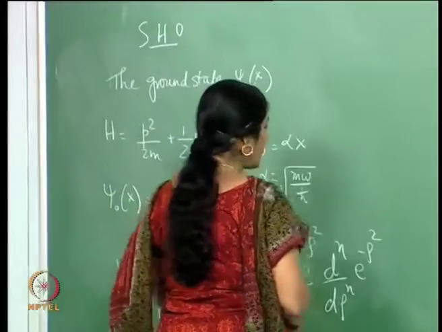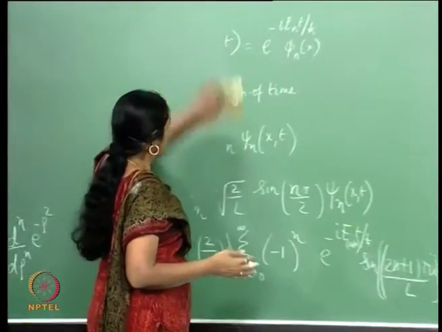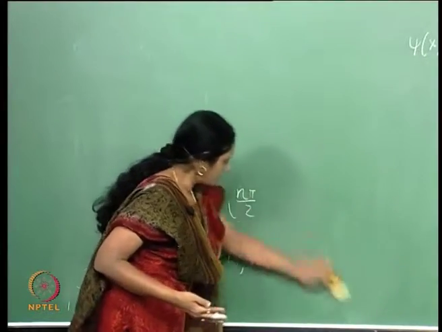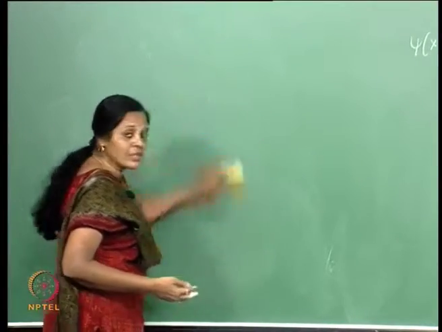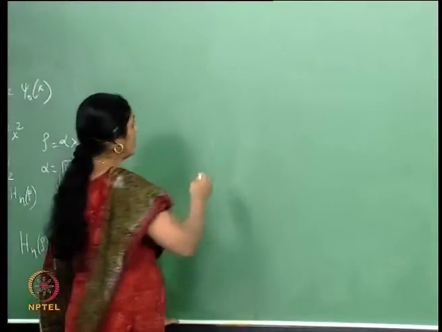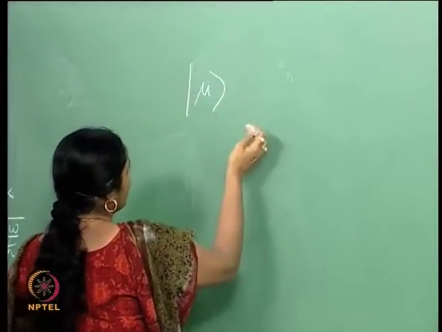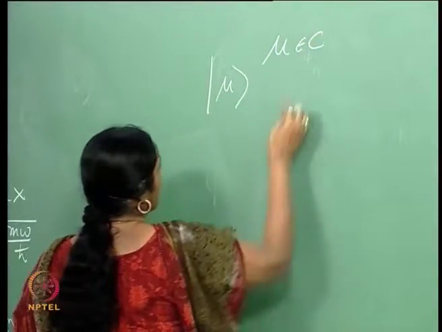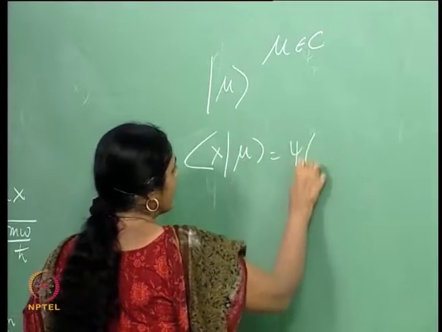Now, with this ground state of the oscillator, you know that you can construct a coherent state which is got from the ground state by using the displacement operator. The coherent state itself is a minimum uncertainty state, it is another Gaussian, and I will refer to that as state mu in abstract notation, mu being a complex number. Of course, I could do this, and this gives me psi of x.